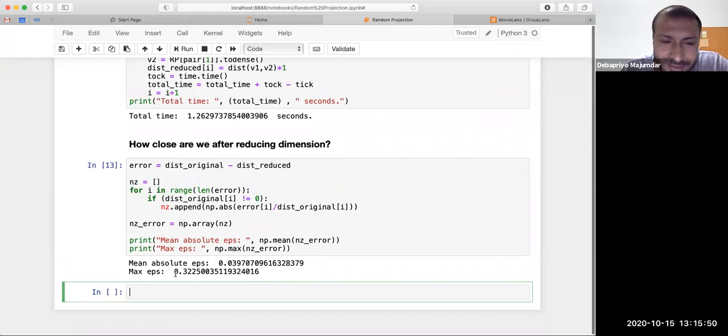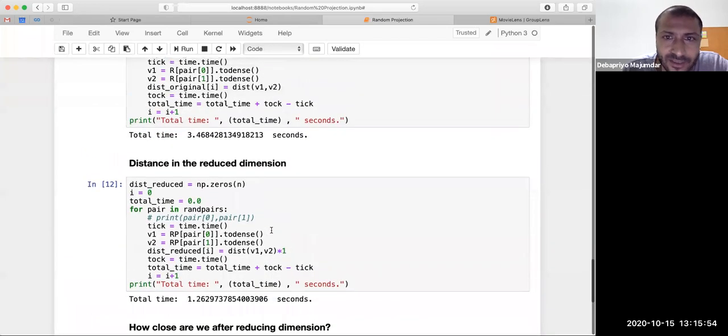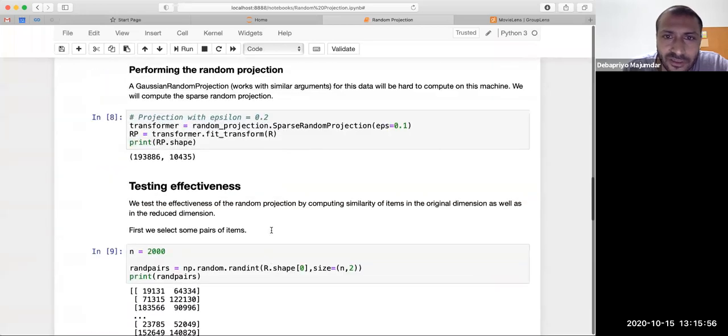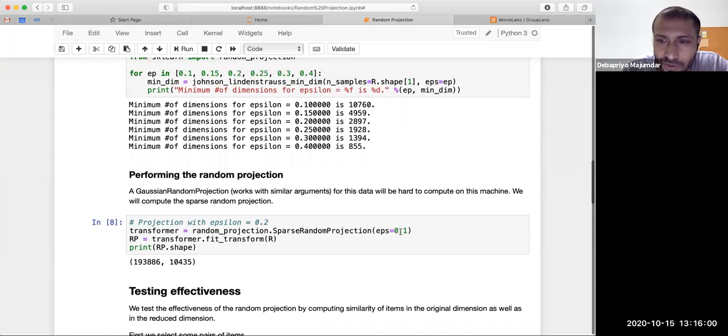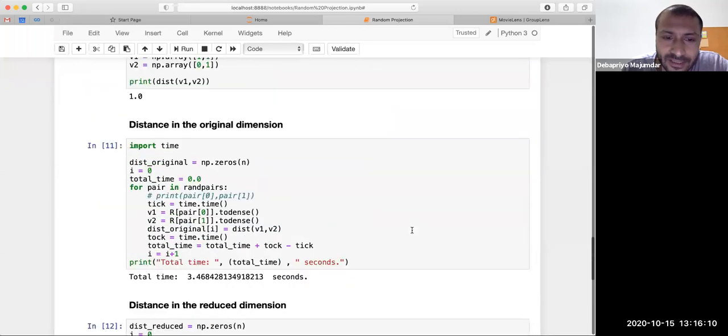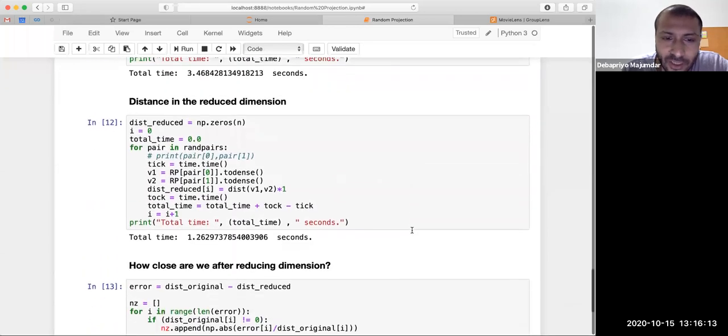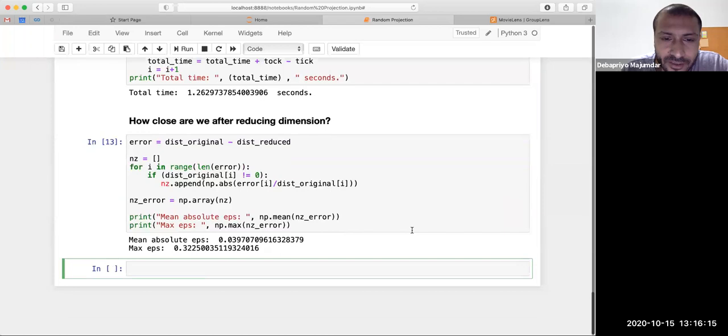However, there are some cases where the error is 0.3. So what did we want? We wanted to transform with epsilon equal to 0.1 with high probability. That means for most pairs of items, your distance will not be distorted by more than 0.1.